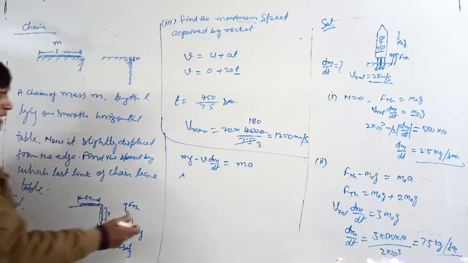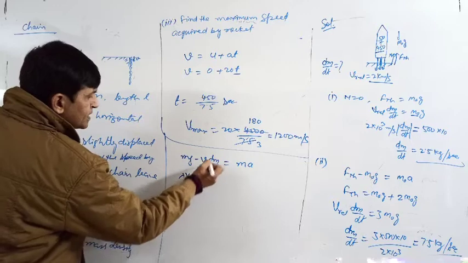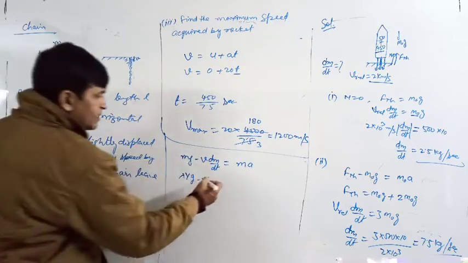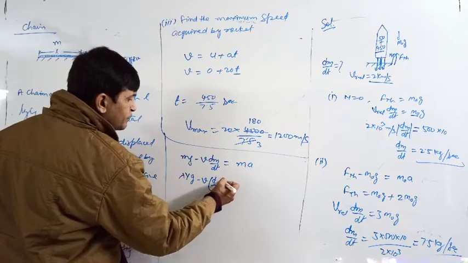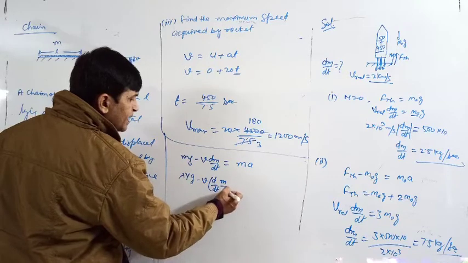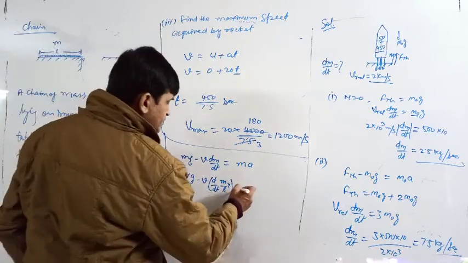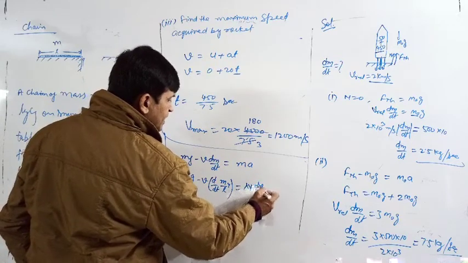For this length y, m is lambda into y. So lambda y g minus v dm by dt, the rate at which mass is coming down, is equal to lambda y dv by dt.